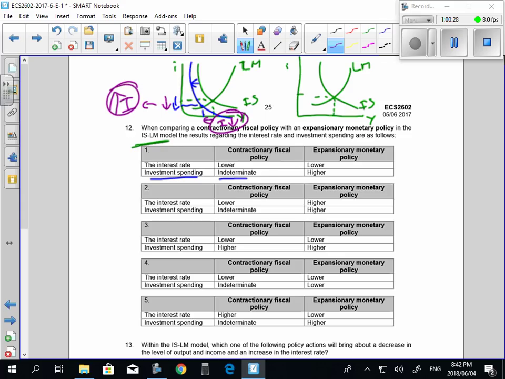There is an indeterminate effect on investment spending. For your expansionary monetary policy, we shift the LM curve to the right. We've got a lower level of interest and a higher investment spending.